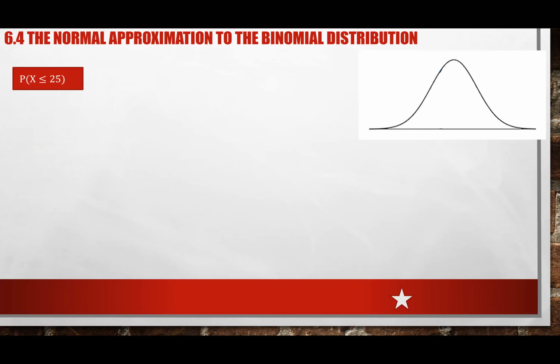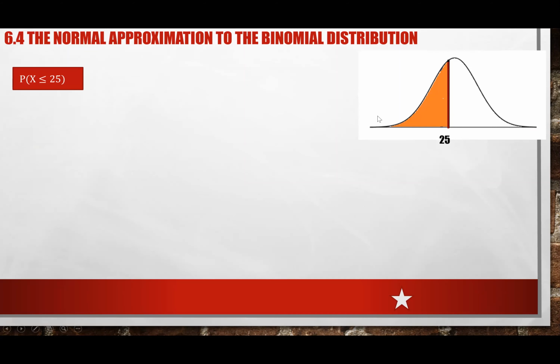Doesn't have to be nice. And this is my 25. Where do I shade it? I have to shade it to the left, meaning I'm looking for the probability on the left of this item.